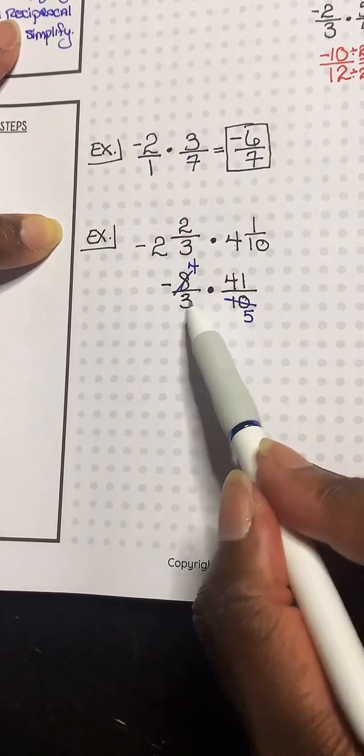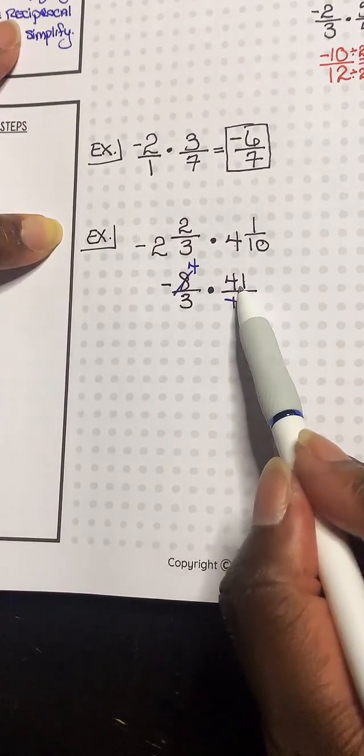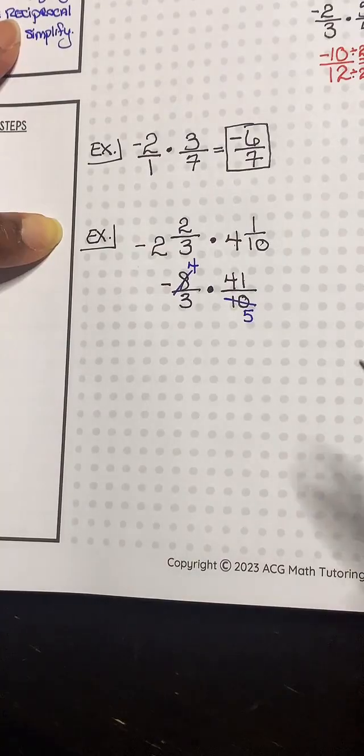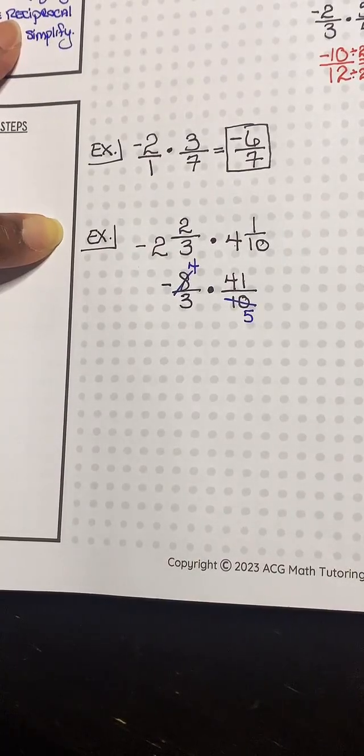Then if I look here on the diagonal, I have 41 and 3. Do they have anything in common? Can that be evenly divided or reduced, I should say?